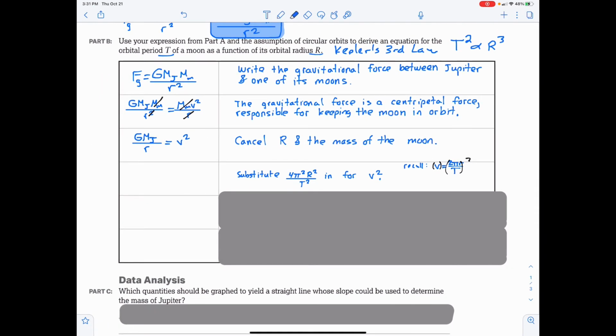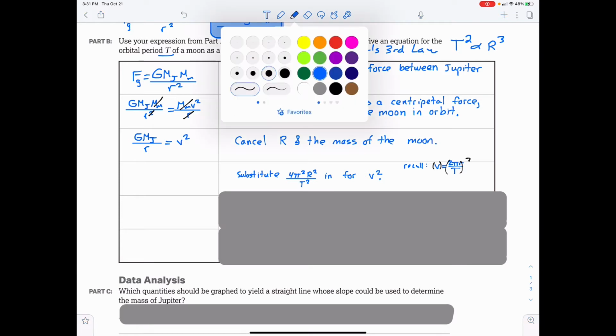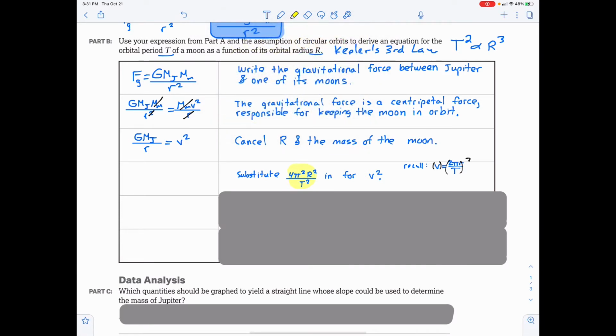We substitute this for v squared in the equation, so G M_J over r equals 4 pi squared r squared all over T squared.